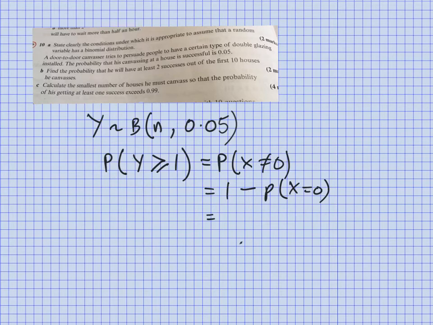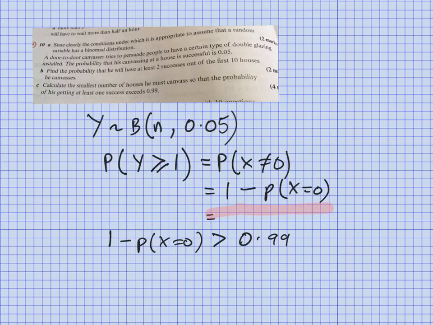We're trying to actually say that this probability here has to be more than 0.99. So let's rewrite that now. That is 1 minus the probability that x equals 0 has to be more than 0.99.